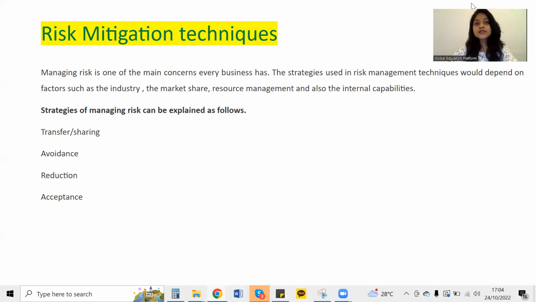But there is always a risk in every decision being made, because there are always pros and cons. So there will always be a risk. The overall goal of an organization would be to understand and work on the risk, coming up with strategies to overcome the risks that are identified, and then finally achieve the goals of the organization.